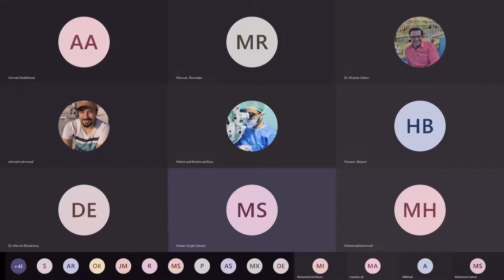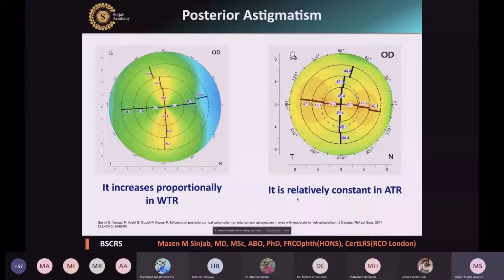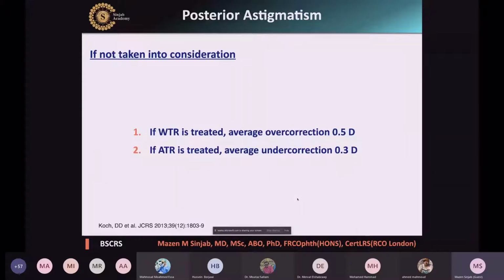if we do not take posterior corneal surface astigmatism into consideration in toric IOL calculation, then we will end up with overcorrection by an average of 0.5 diopters if the corneal astigmatism is with the rule, and we may end up with undercorrection by about 0.3 diopters if the corneal astigmatism is against the rule.